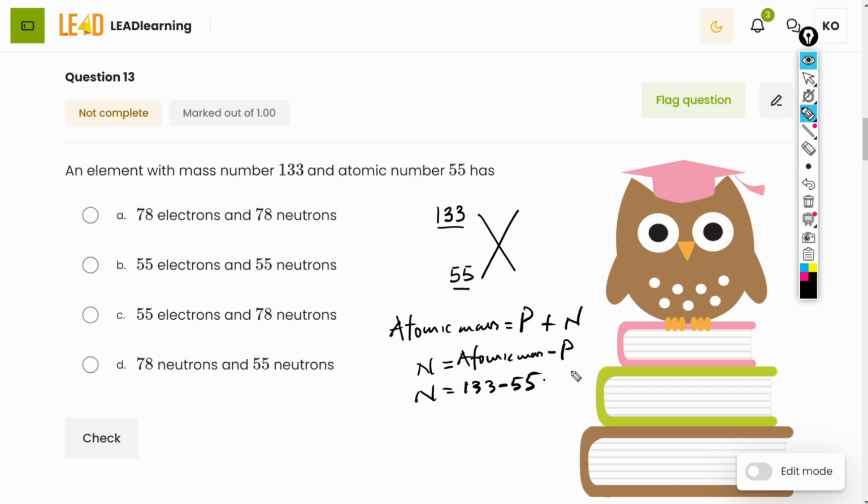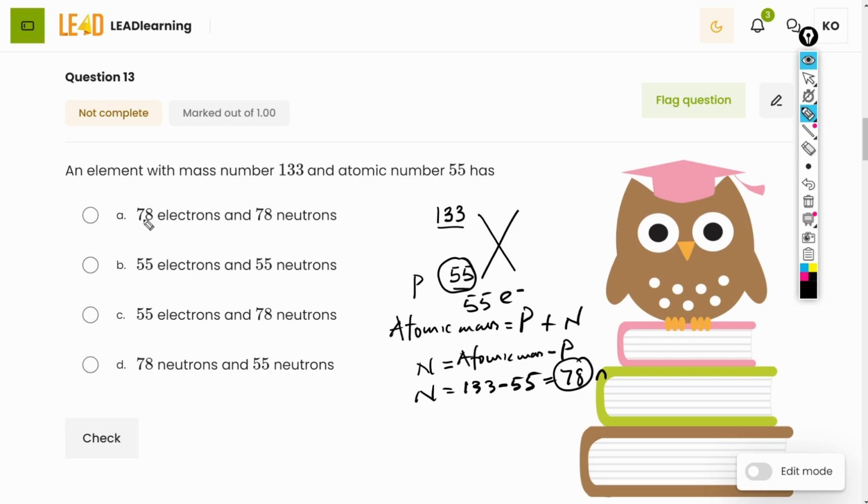So this atom has 78 neutrons. So 55 protons. And remember that proton number is the same as electron number. So we also have 55 electrons. And then we have 78 neutrons.